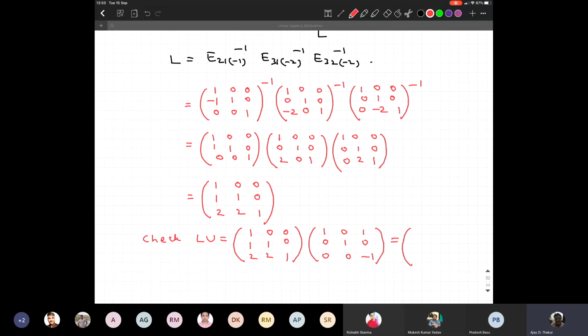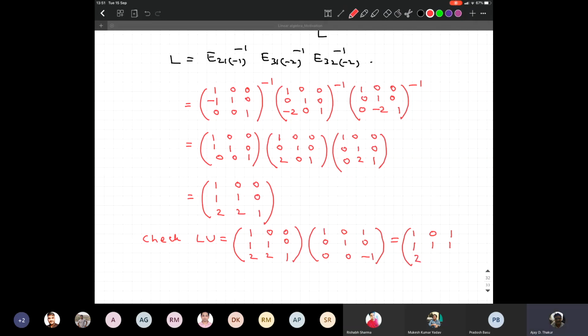You basically multiply first row with first column to get the A11 element. So this is going to be 1. The next one is going to be 0. The third one is going to be again 1. And this one is going to be 1. This is going to be 1, and this is going to be 1. And then the third one is 2.